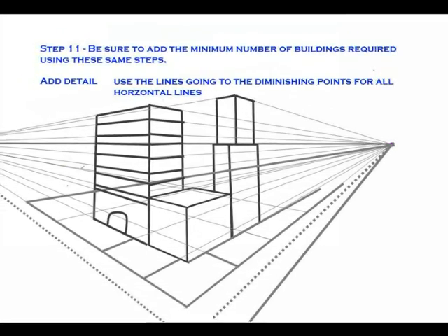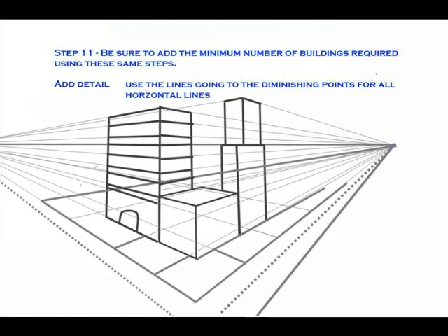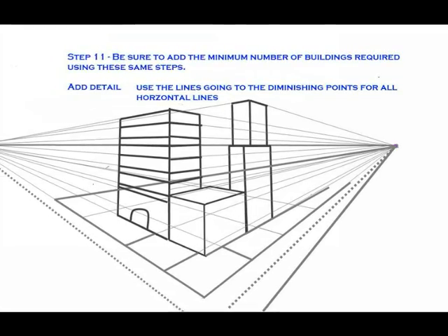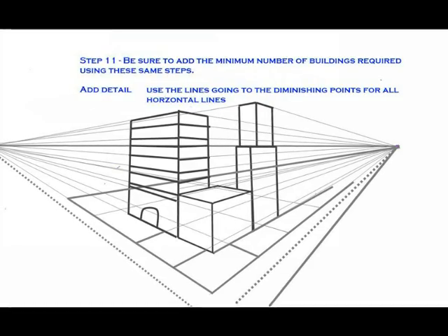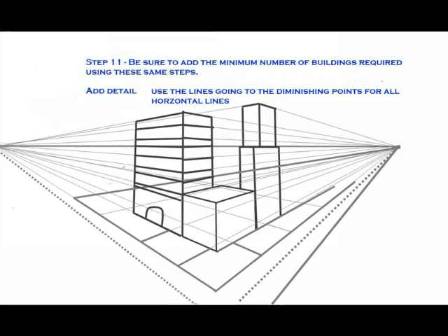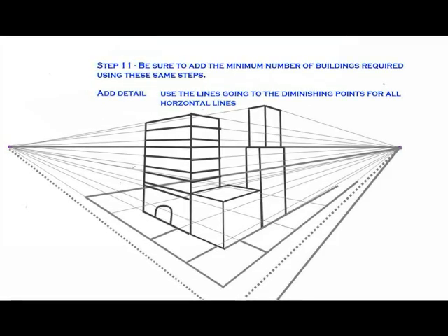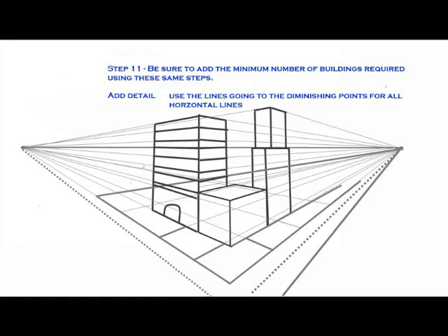That's because every time I draw a line that represents a floor on my building, I have to make sure that that's still on a guideline heading to these diminishing points. We also want to make sure that those lines are following that same guideline, that all horizontal lines are heading to the diminishing point.